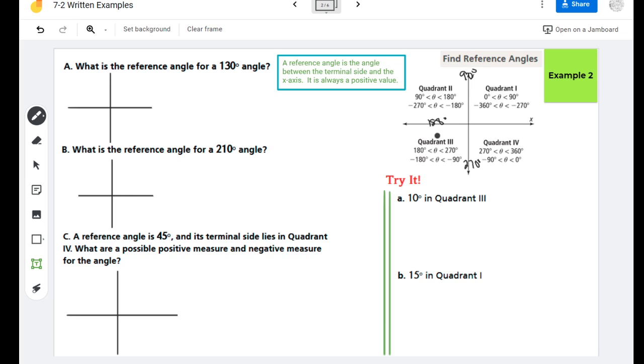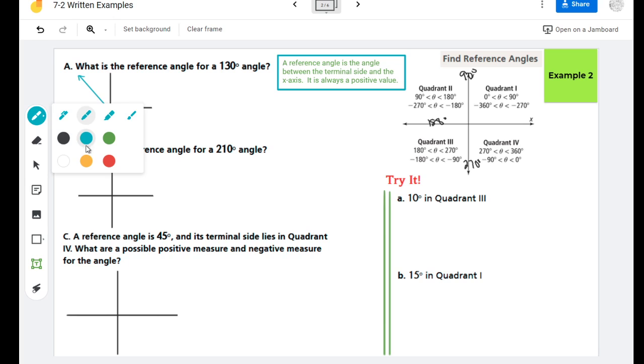Quadrant 3 deals between 180 and 270, and then quadrant 4 is 270 to 360. So if you know that you're looking for a 130 degree angle, that's bigger than 90 but less than 180. So we're looking for an angle that's somewhere between here and here. Okay, so that's kind of the name of the game here.